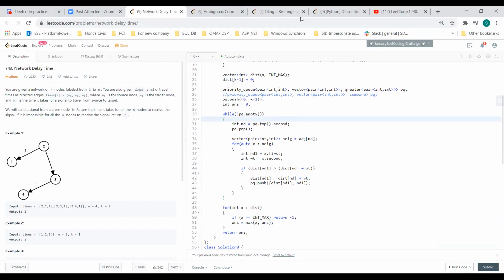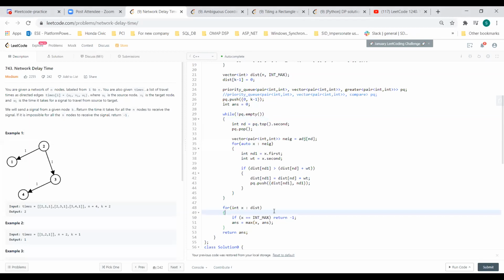So where does it take care of the visit set? And also, if there is a loop in there, does it matter? It does not matter, right? Visiting you don't need in this type of implementation, because the distance array is taking care of visited only.